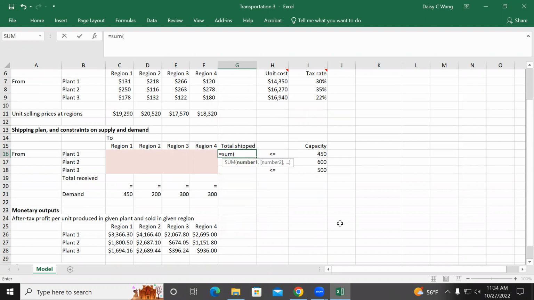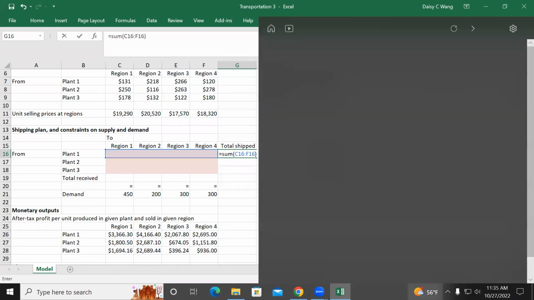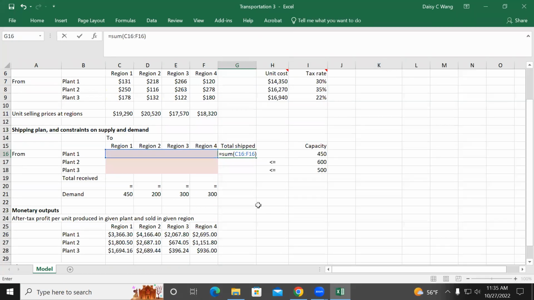This is just the sum of this. This part you should know. And then what is next? Here, right? The same thing, sum of this.